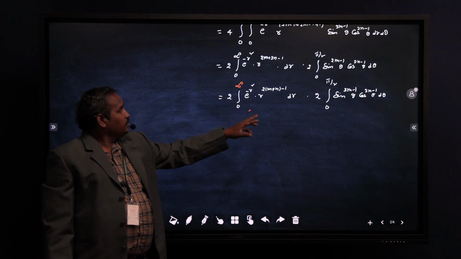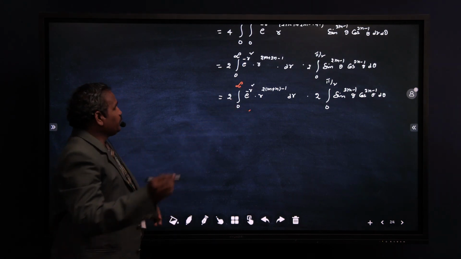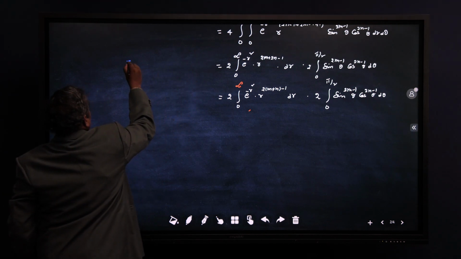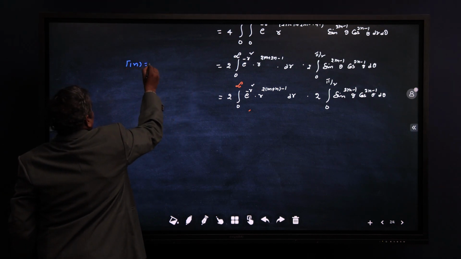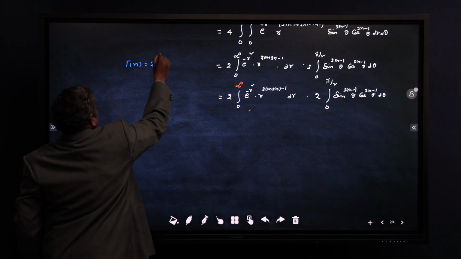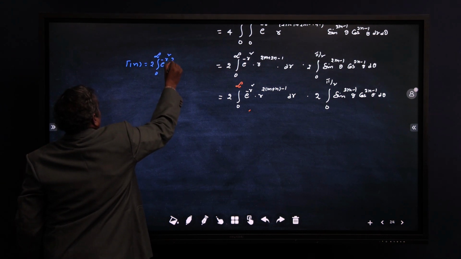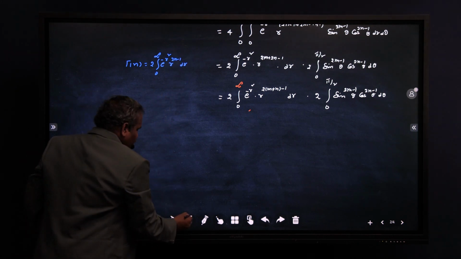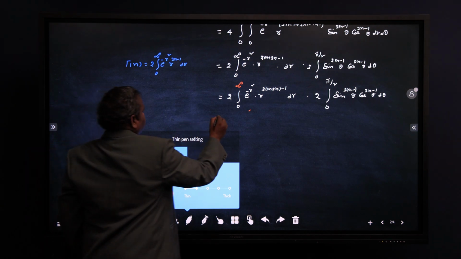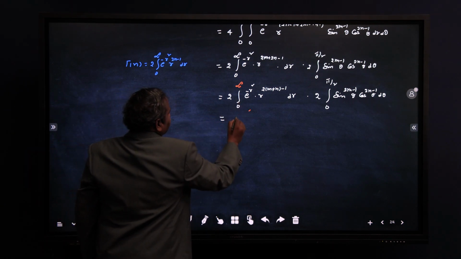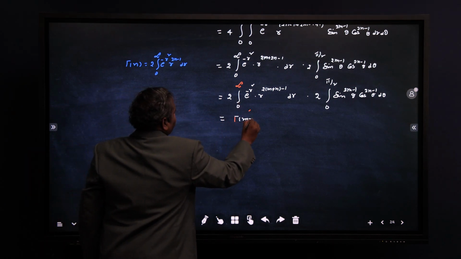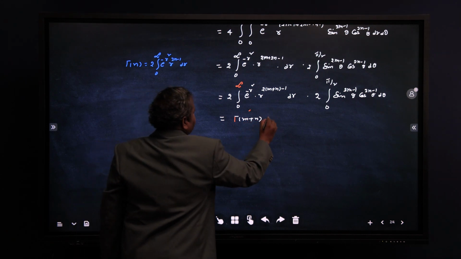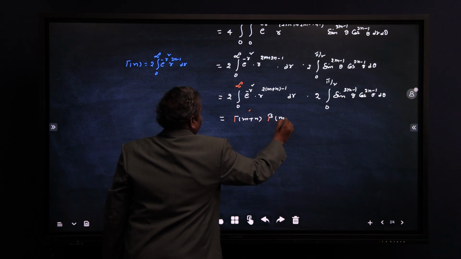Here we use one of the formulas of the gamma function: gamma of n is equal to 2 into integral 0 to infinity e power minus r square r power 2n minus 1 dr. We use this formula here. Then this changes to gamma of m plus n, and this one is beta of m comma n.